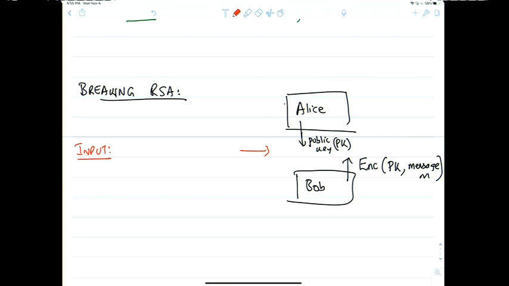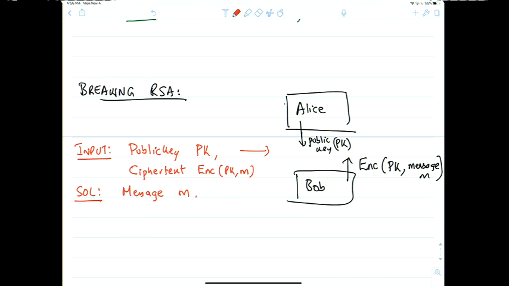Well, he gets to see the public key, and he gets to see the encrypted text, which I'm just going to write as the encryption of PK and M. This is what he sees, and the solution that he cares about is a message M. He wants to recover the original message M. Okay? That's what breaking RSA would mean.